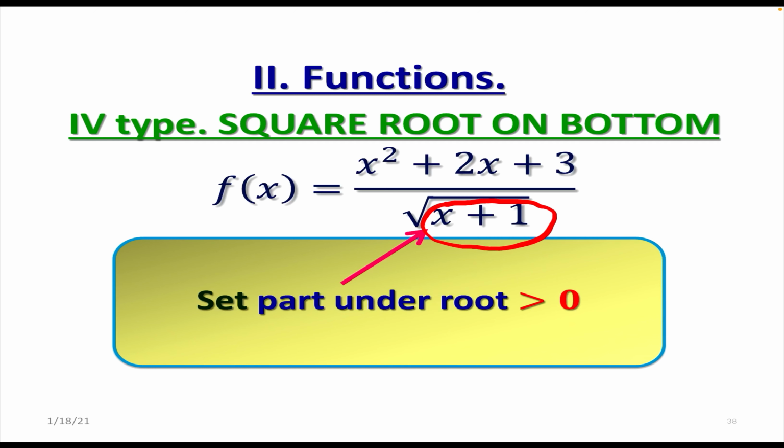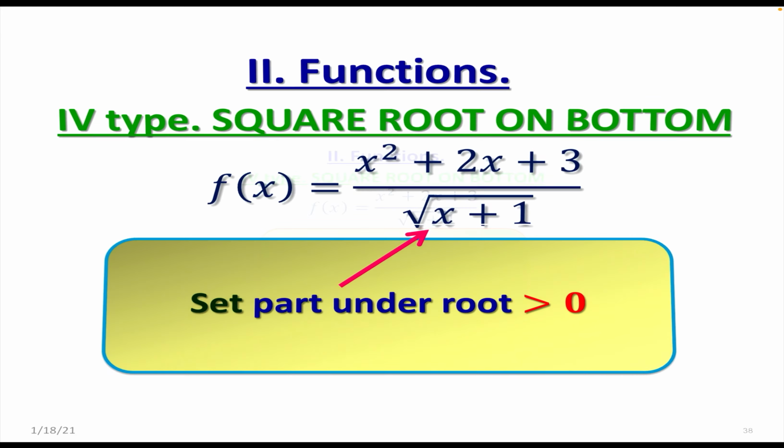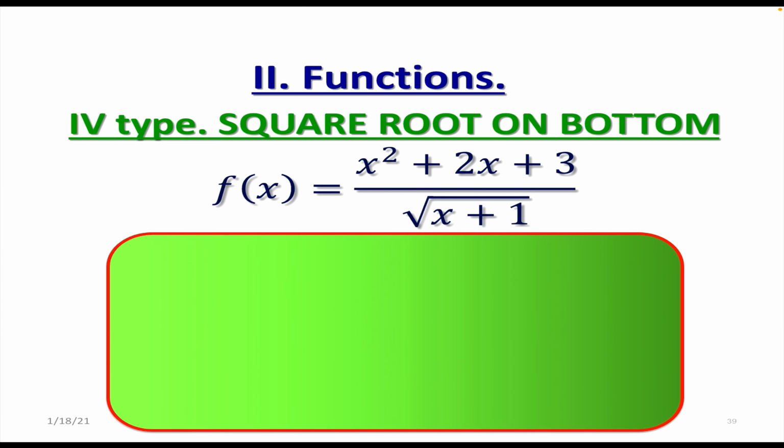So remember, we have to exclude the values of x that make your bottom equal to 0. And since your expression appears to be under the root symbol, we have to claim that this radicand has to be greater than 0, has to be positive actually.